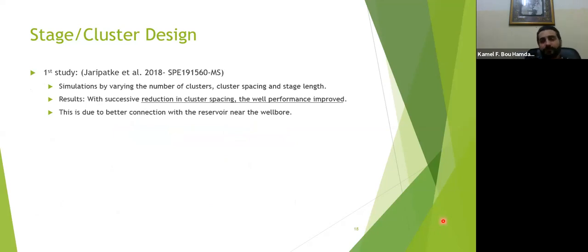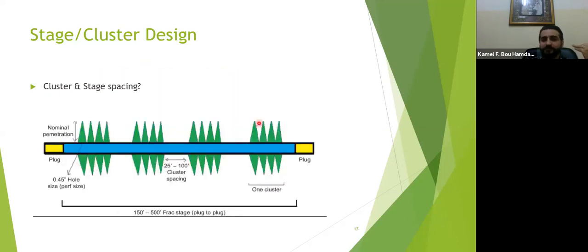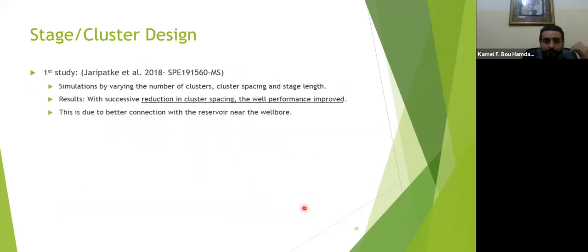Now we have this study from this SPE paper. It shows that they have done several simulations by changing the number of clusters, the cluster spacing, and the stage length. So they basically changed the number of clusters per stage, the distance between every cluster, and also the stage length. So what were the results?